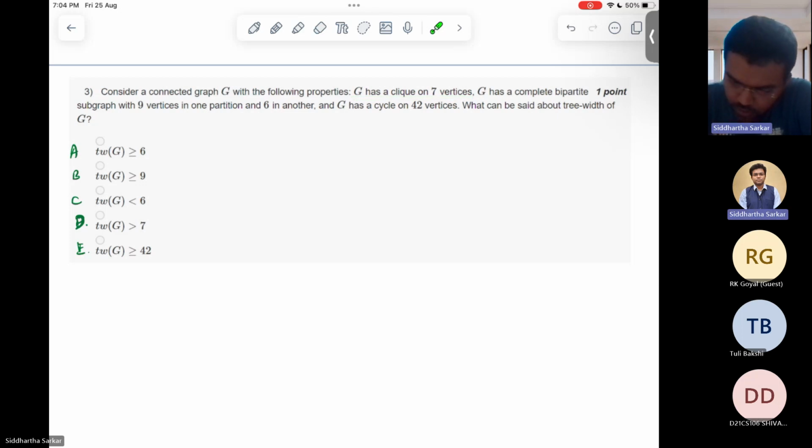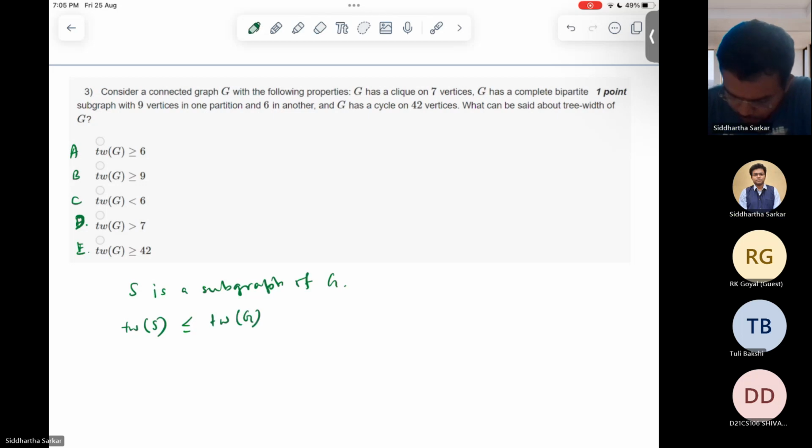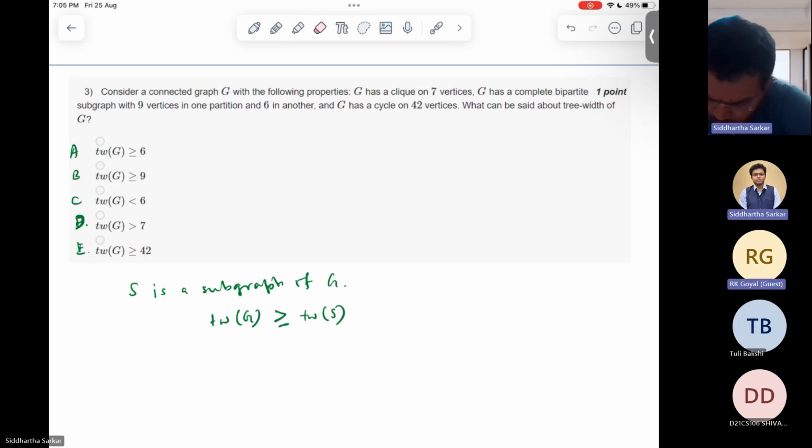So in one of the questions we have seen that if S is a subgraph of G, then the tree width of S is at most the tree width of G. Another way of writing this, just swapping sides, is that the tree width of the original graph is at least the tree width of the subgraph.